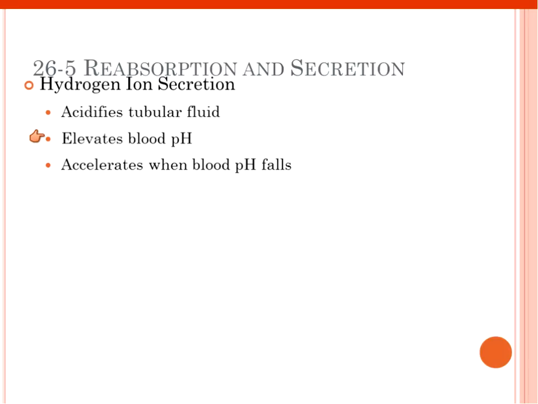The amount of hydrogen ions that are secreted and put into the filtrate is going to accelerate when your blood pH gets too acidic. So when your blood pH is too acidic, in a healthy set of kidneys, in a healthy body, your body is going to allow more of it to be filtered out in your urine, because we want to keep our pH slightly basic.